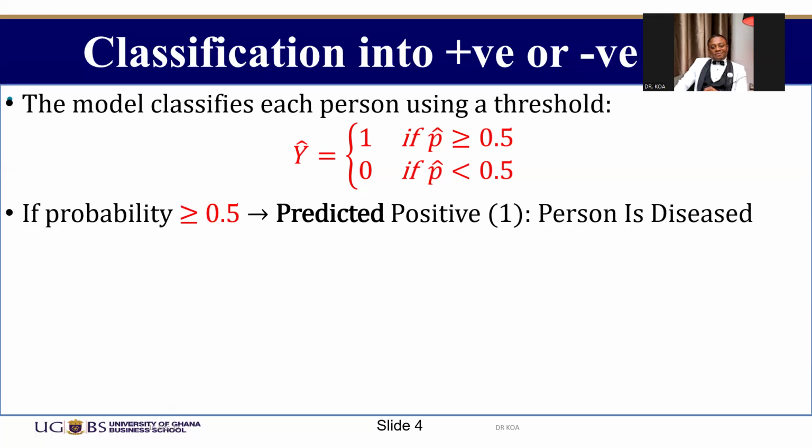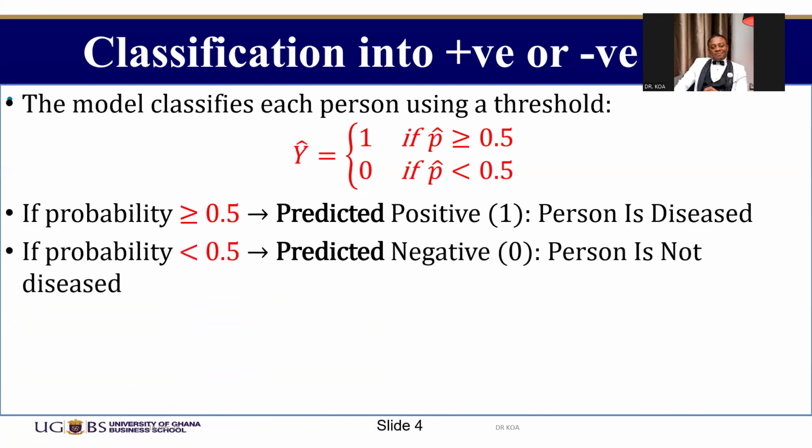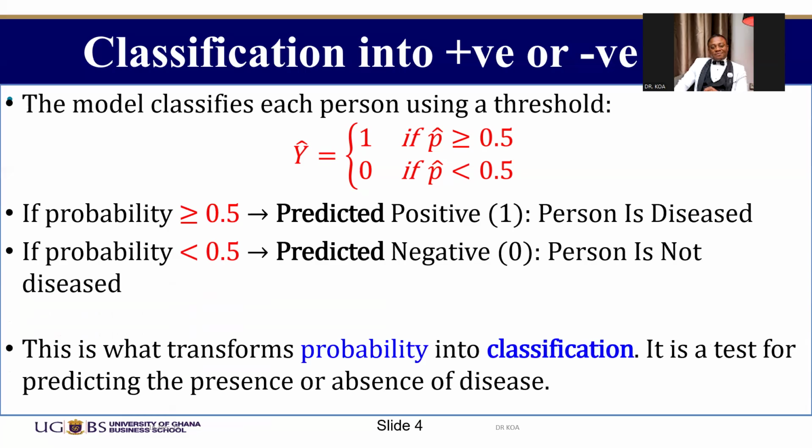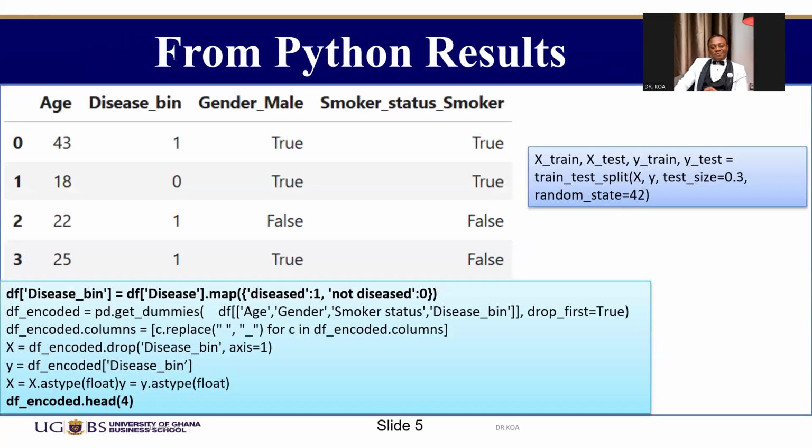If the probability is 50% or more, then the classifier will predict positive, or 1, to indicate that a person is diseased, or it will predict 0, a negative prediction, to indicate that a person is not diseased. This is exactly what transforms probability into classification. We did that last time. It tests for predicting the presence or absence of the disease. We'll come back to this.